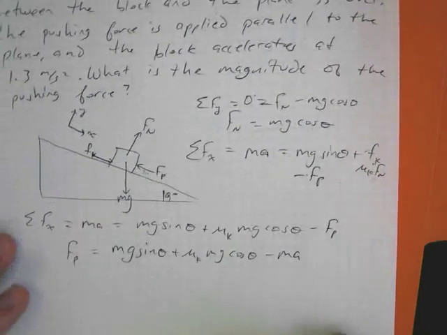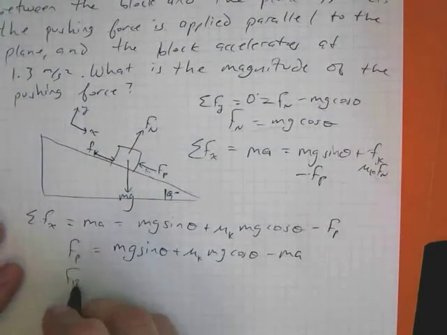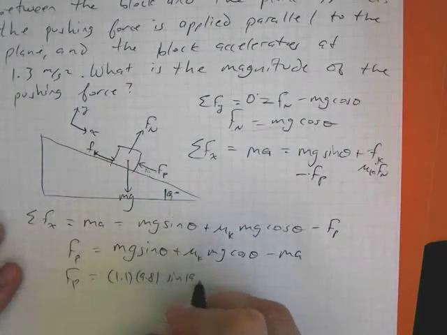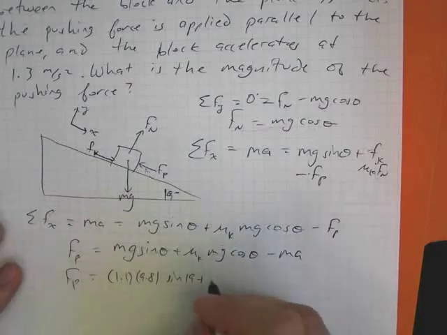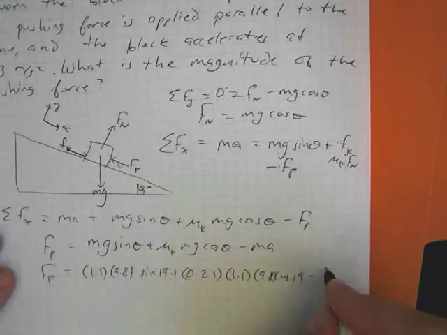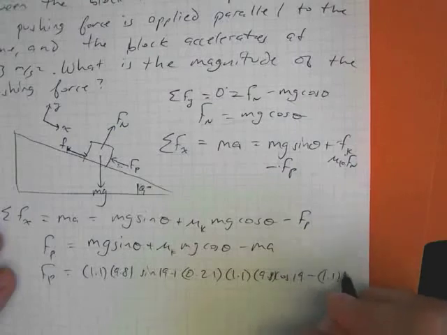From there, we can plug in numbers. Our mass is 1.1 kilograms. 1.1 times 9.8 sine 19 plus 0.21 times 1.1 times 9.8 cosine 19 minus mass 1.1 times acceleration 1.3.